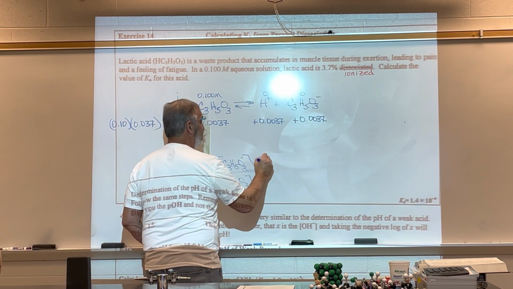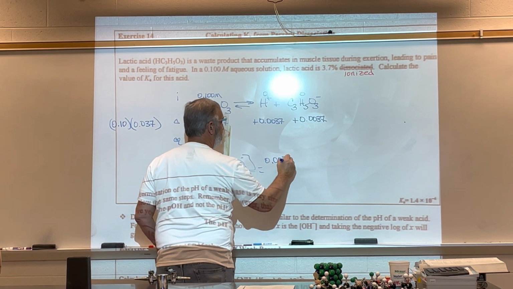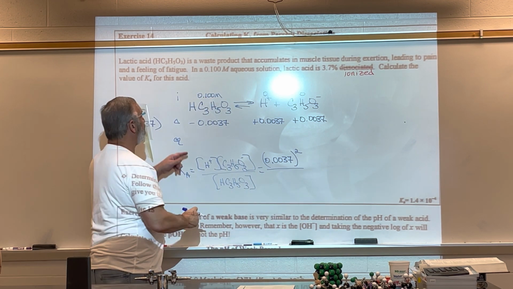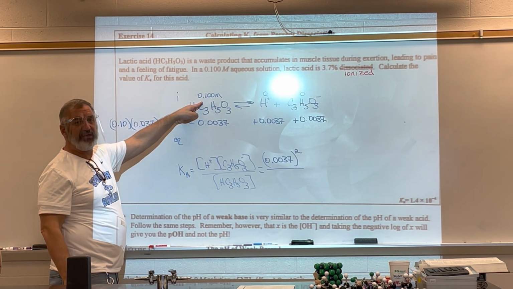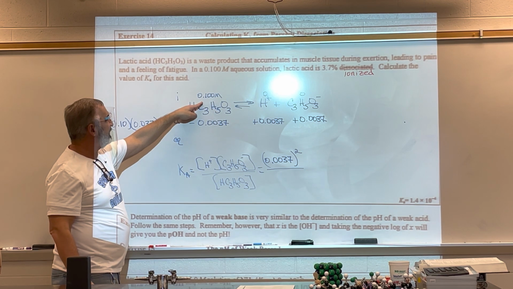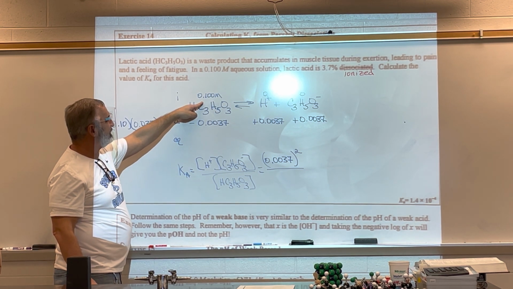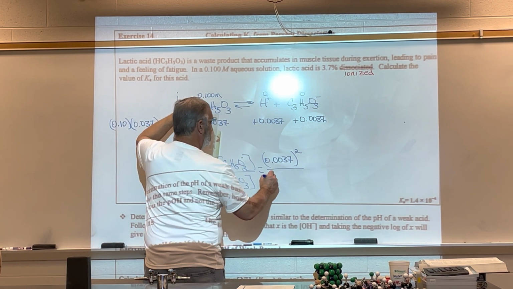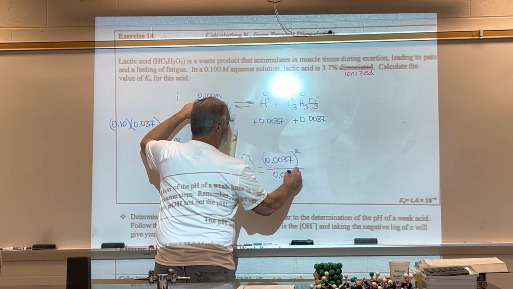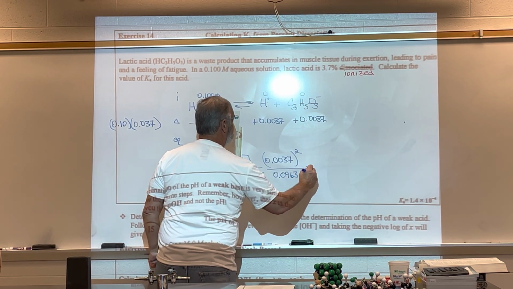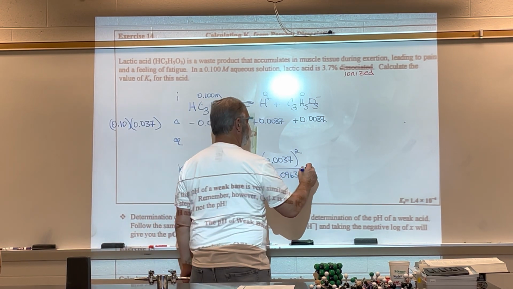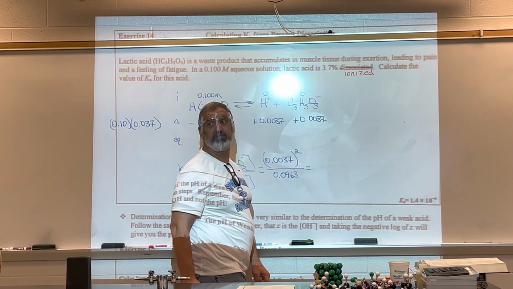So it's going to equal 0.0037 squared divided by, don't make the assumption here, go ahead and subtract it out, and we're going to end up getting 0.09963. And that turns out to equal 1.4 times 10 to the minus 4 to 2 sig figs.